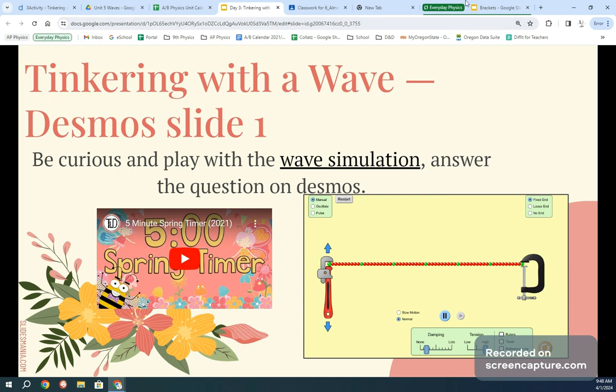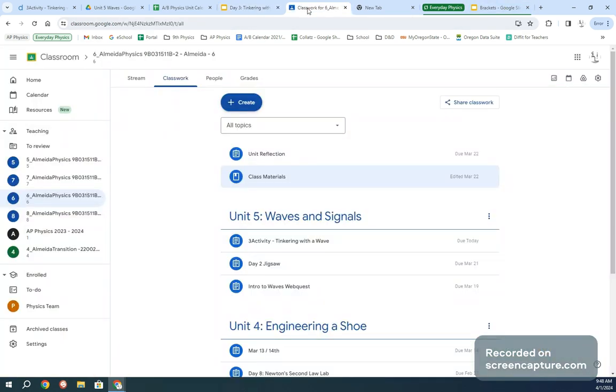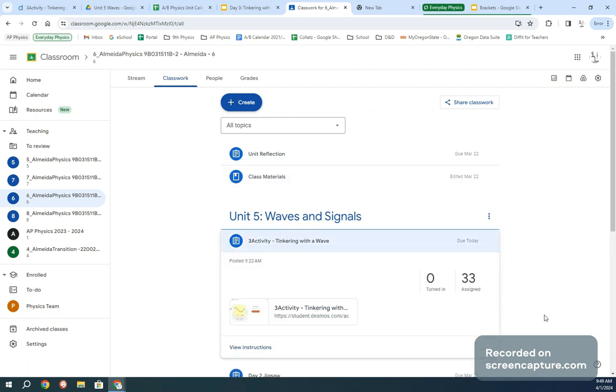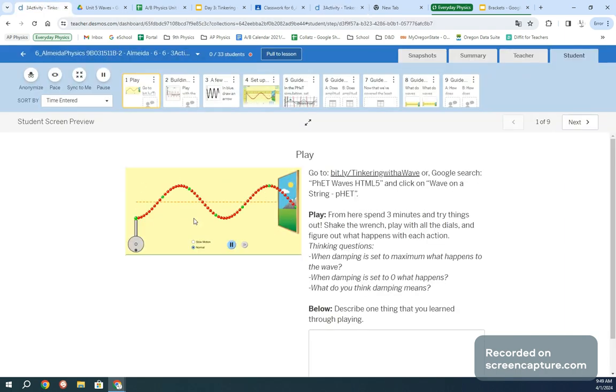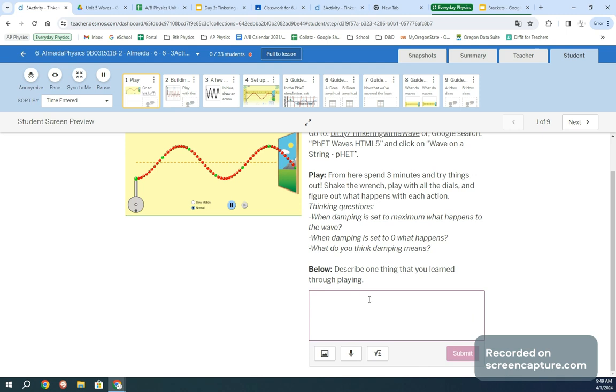They should be posted in your Google Classroom at this point in time, Tinkering with a Wave. You can open that up and it will allow you to log in and take a look at some of the activities. Each activity is going to have either a section for you to answer or some drawings that you'll do on the screen.